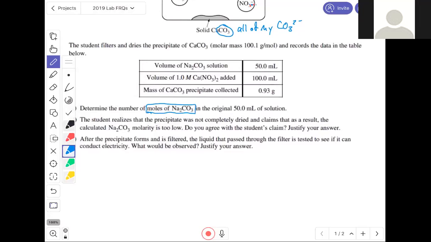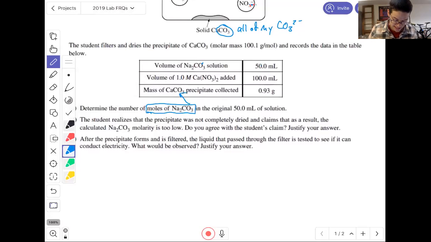Carbonate is with the mass, yep, the 0.93. That's where the carbonate is. So that's where you have to start. Yes, it's up here, but it's only a volume. I don't know a concentration for that 50 milliliters. So that doesn't help me, right?